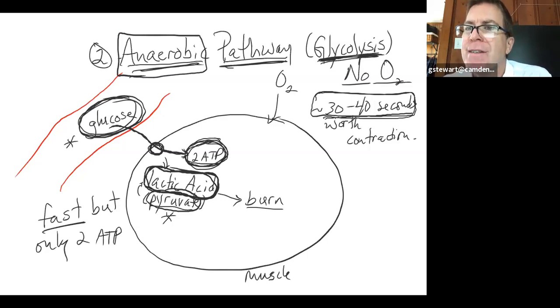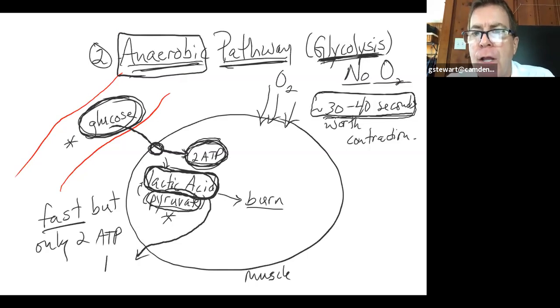As soon as we stop that exercise and start to breathe, this lactic acid gets broken down very quickly. A lot of it gets transported to the liver. And the liver breaks down that lactic acid, and we no longer feel that burn inside of the muscle cell.